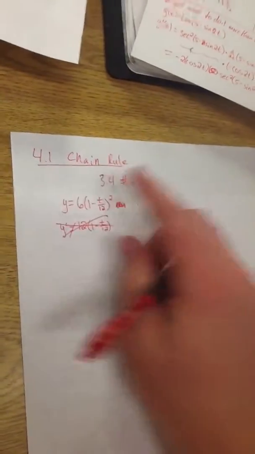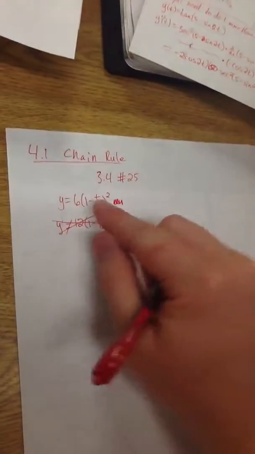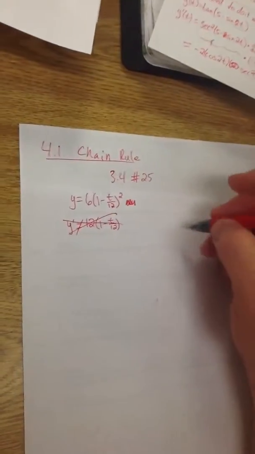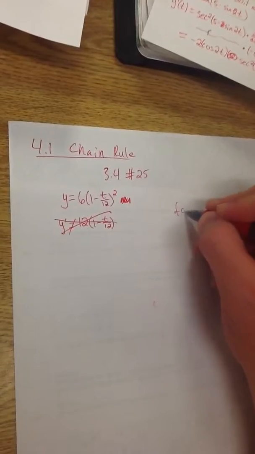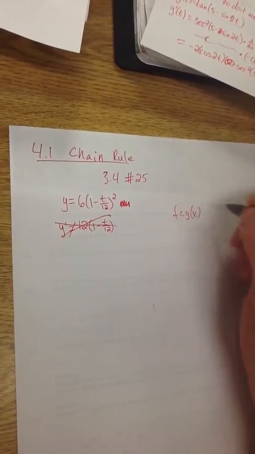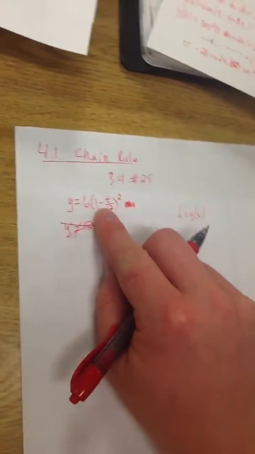What the chain rule is used for is composite functions. This is a composite function. If you remember composite functions, we worked on those last year. That's like the good old f of g.